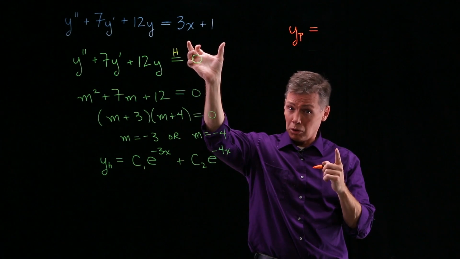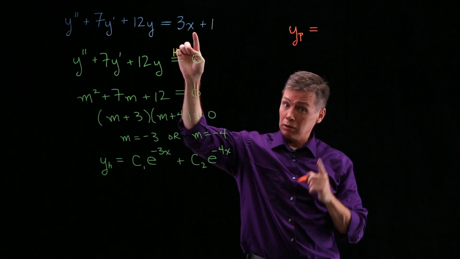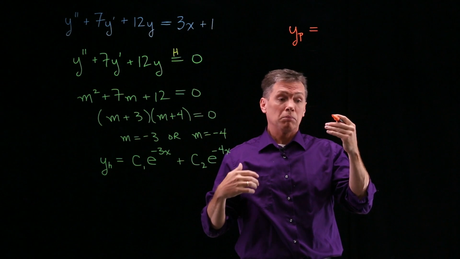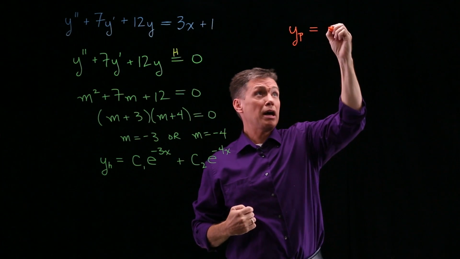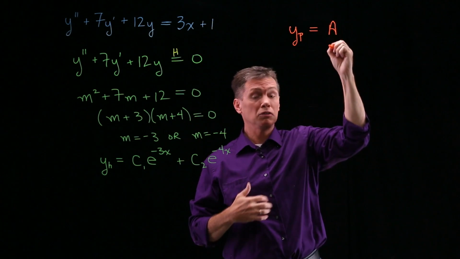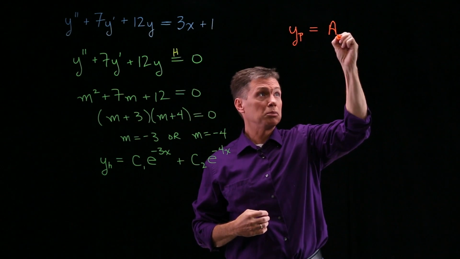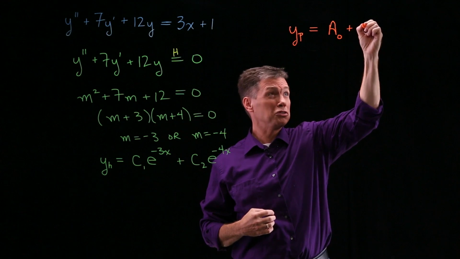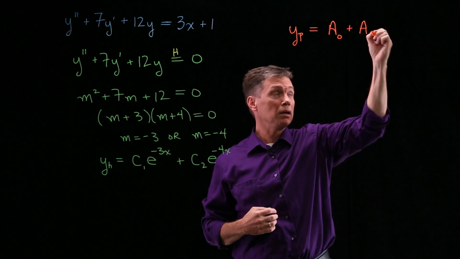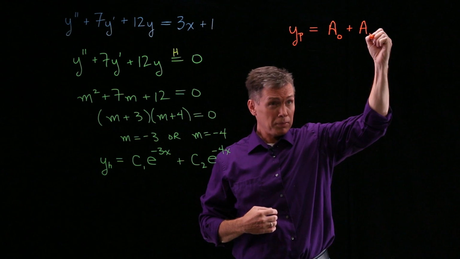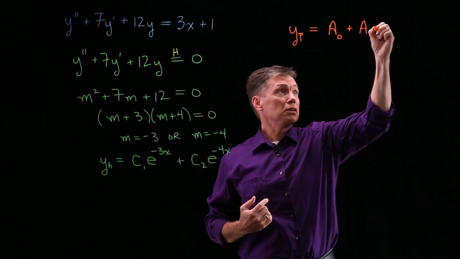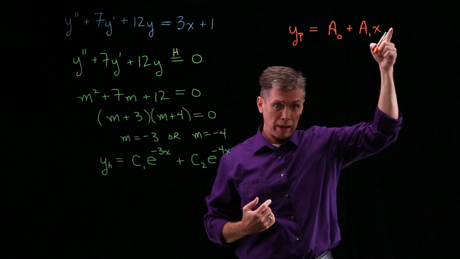So since mine's a polynomial of degree 1, right, x is to the 1 power, my most generic representation of that is going to be some constant that I don't know what it is, capital A. I'm going to put a subscript of 0 on it, only so that I can use another capital A with a subscript of 1 as the coefficient of x to the 1 power.